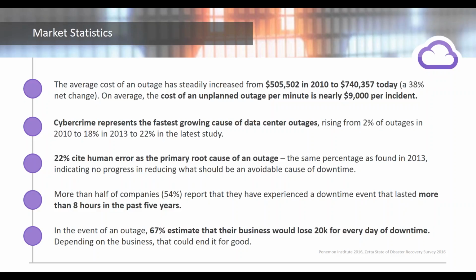In my personal experience, about 19 years now in technology, human error is usually the cause of almost every problem. So definitely the root cause of an outage: 22% of respondents in the Zerto State of Disaster Recovery Survey cite human error. And that's oftentimes somebody making a change.